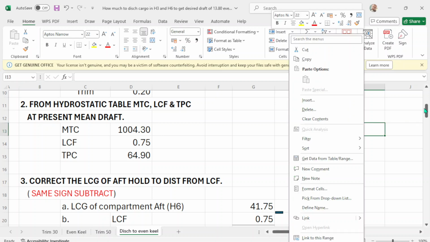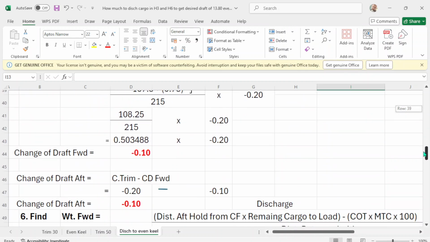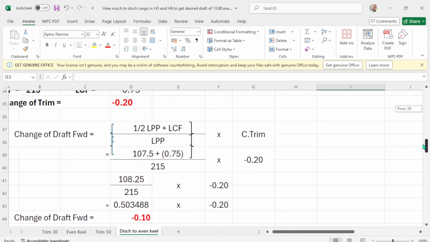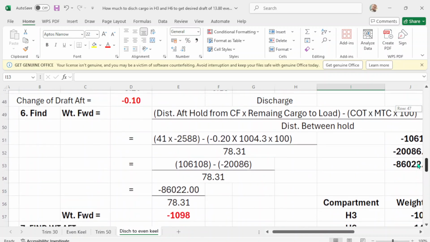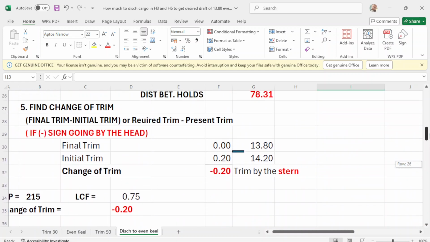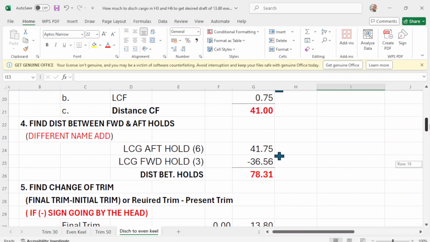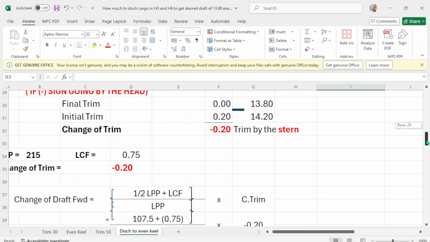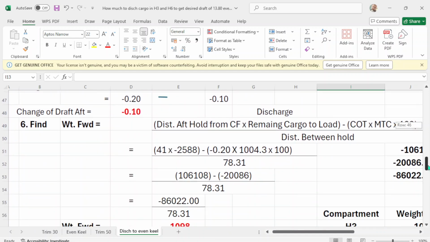Okay, go down. Times 100 over your distance between holds. Distance between holds 3 and 6 is 78.31. This is this one, 78.31.